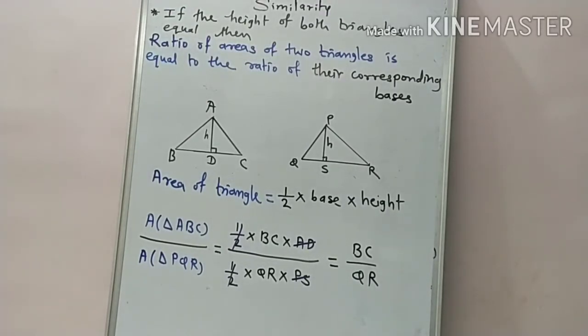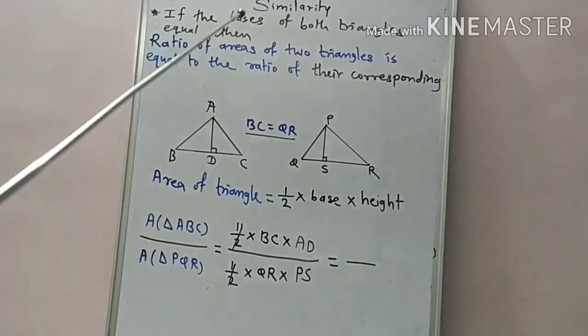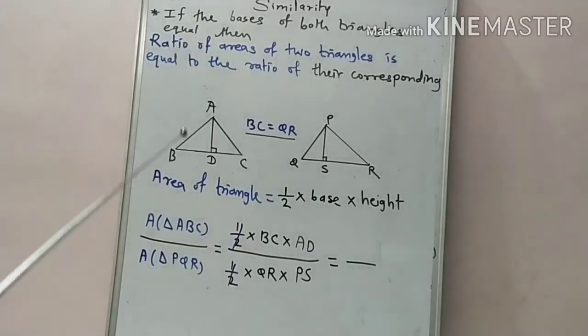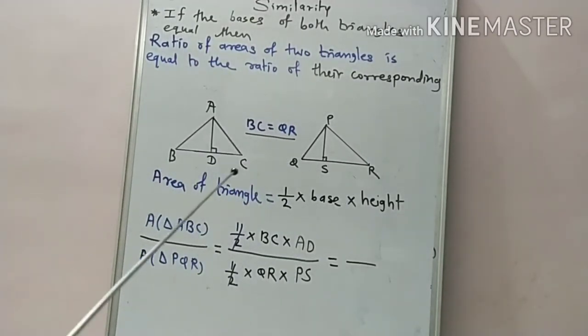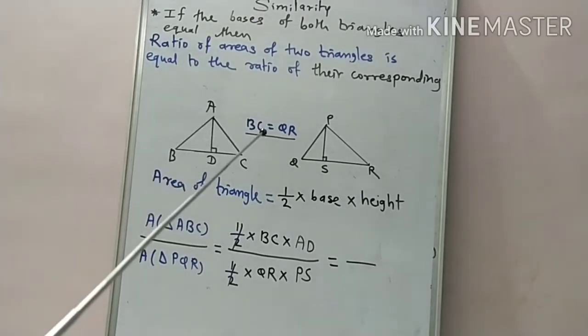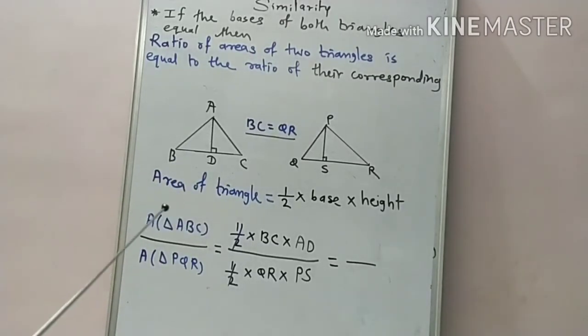And the next property is what happens when we take the bases of both triangles equal. So here in triangle ABC and in triangle PQR, BC and QR are the bases respectively. And if BC equals QR, then according to our first property, the ratio of areas of two triangles is always equal to the ratio of product of their bases and corresponding heights.